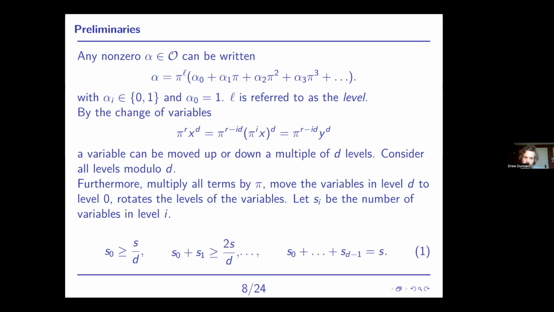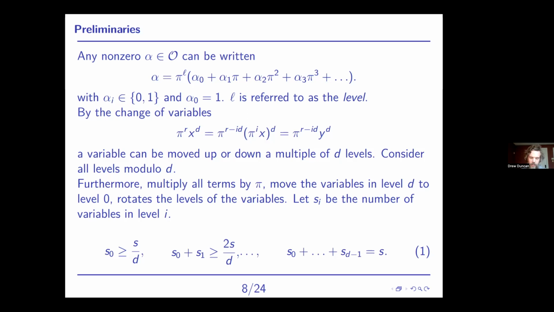Okay. Now, by this change of variables where we pull off some power of pi and move it into the dth power with the variable, and then replace that variable with a new one, we can think intuitively of a variable being moved up or down some multiple of d levels. Another way to think of this is that we'll just consider the levels modulo d. So we can really think of these forms as only having variables in levels 0 up to d minus 1.